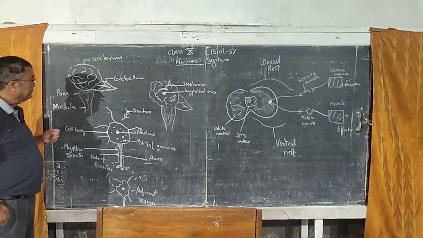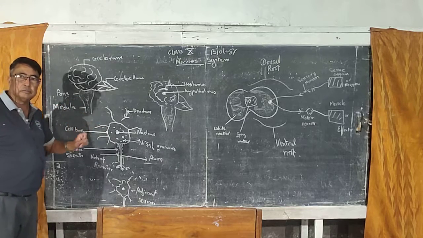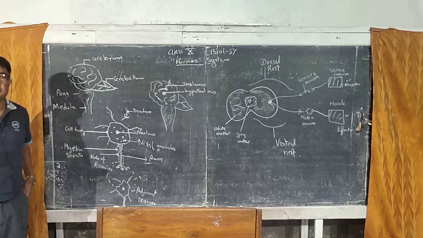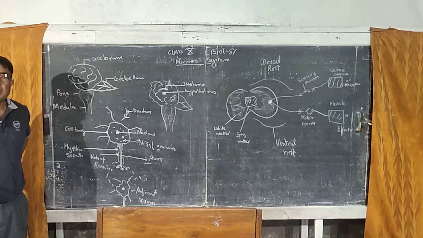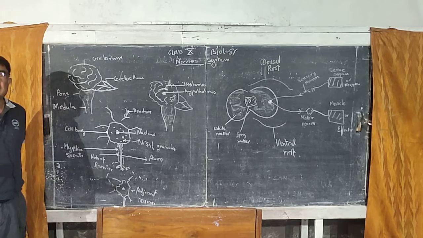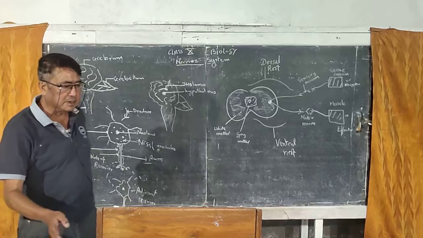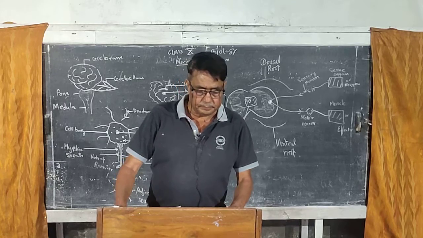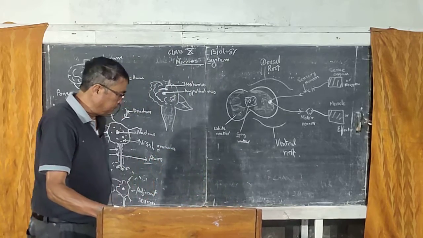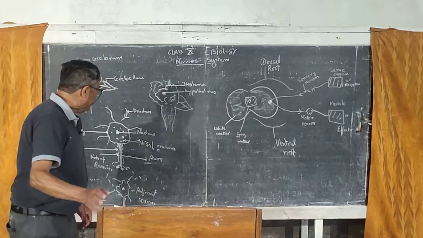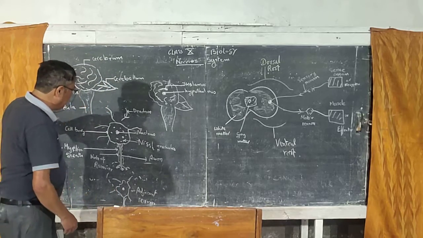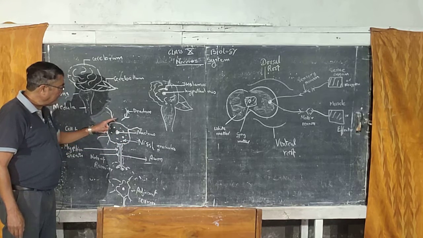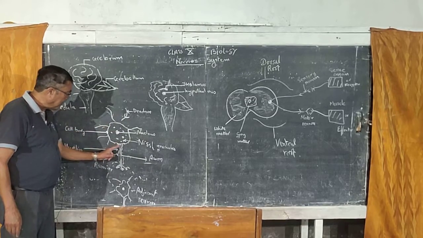Next, neuron. A neuron is the structural and functional unit of the nervous system. And what is a nerve? A nerve is a collection of nerve fibers or neurons. Now, the structure of a neuron. It consists of the cell body and attached to it two fibers, dendron and axon.